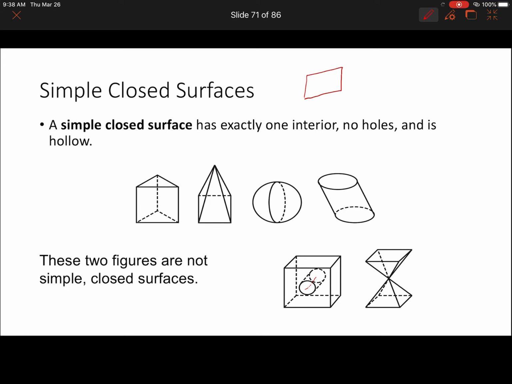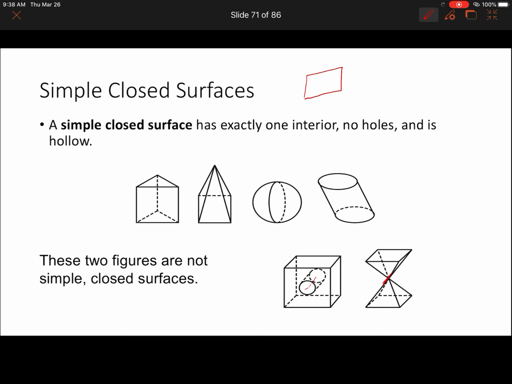If you'll notice that these two surfaces at the bottom, they are not simple closed surfaces. Number one, this cube shape has a hole through the middle of it. And so because it does have that hole, it is not closed. It's open through that. And then the other one is not a simple closed surface because it does cross itself.